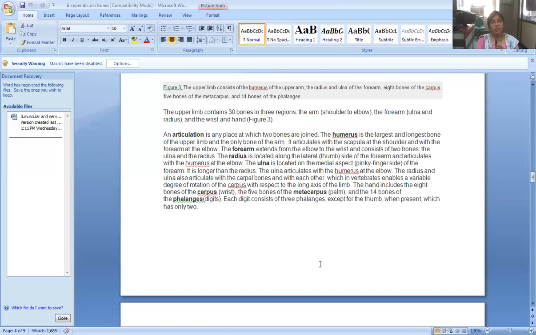The radius is located along the lateral, thumb side of the forearm and articulates with the humerus at the elbow. The ulna is located on the medial, pinky finger side of the forearm. It is longer than the radius. The ulna also articulates with the humerus at the elbow.